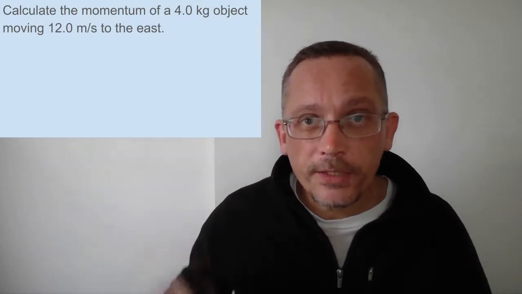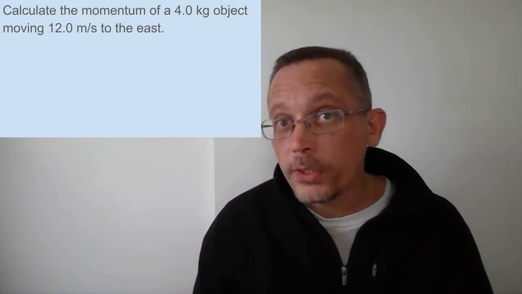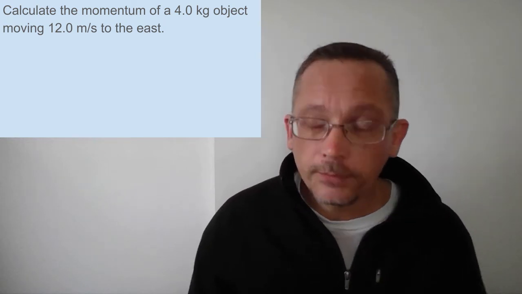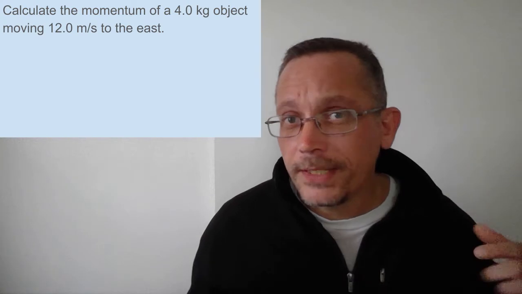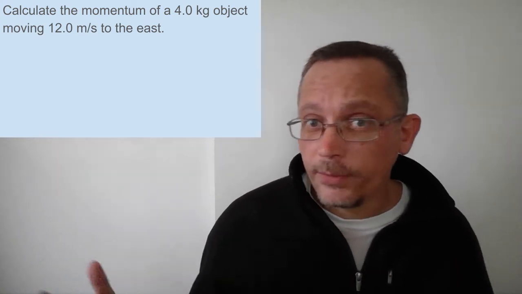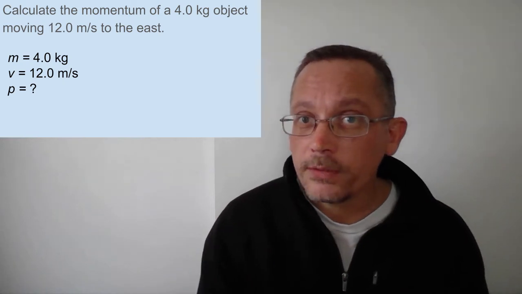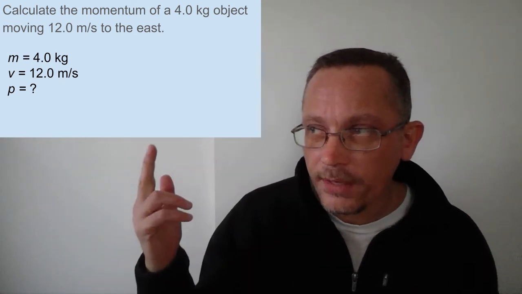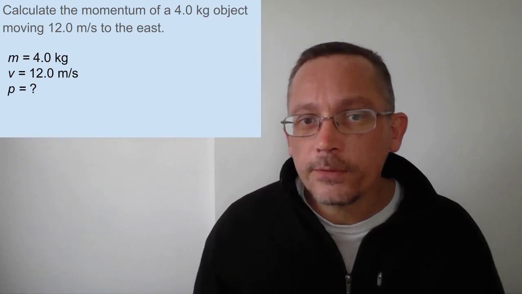I've got two examples here that we're going to take a look at. The first example says calculate the momentum of a 4.0 kilogram object moving 12.0 meters per second to the east. Just like I always start my problems, I'm going to write down what I know and what they asked me for. I see 4.0 kilograms, and kilograms tells me this is a mass, so m equals 4.0 kilograms.